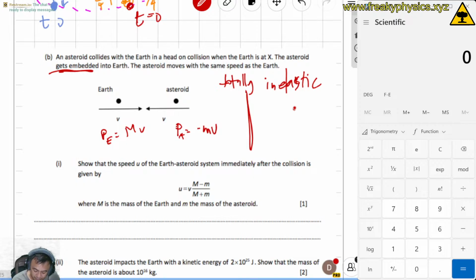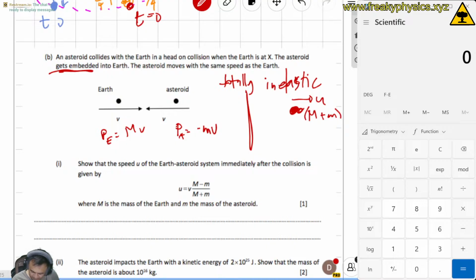Now we have that, and then we have to draw again whenever we have conservation of momentum. We have to do the after collision, right? So we're going to say that the Earth-asteroid system is gonna move in some direction like this, and we'll call that the speed or the velocity u, right there. In this case, the mass here would be the sum of the two masses.